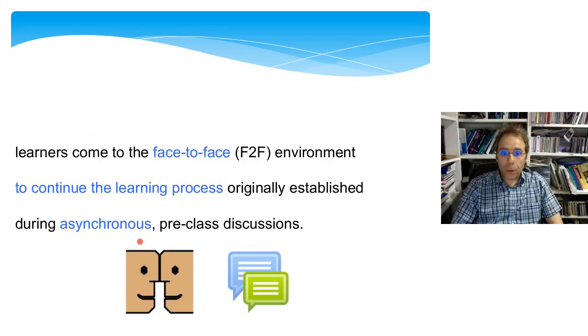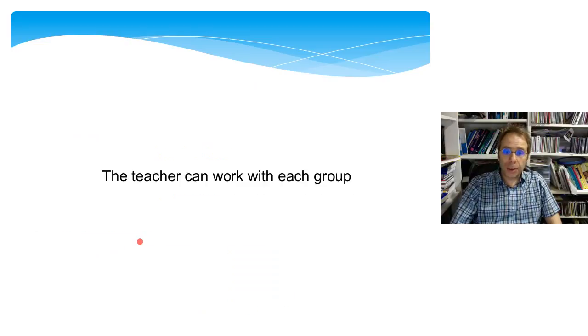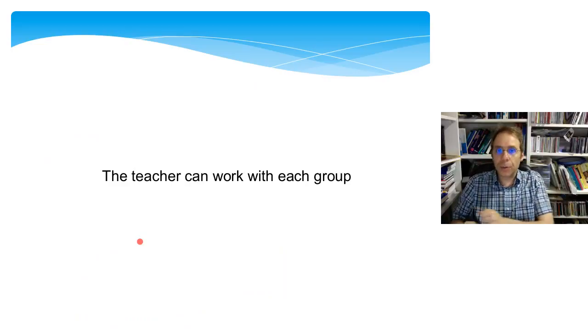Okay, so basically what's happening is the learners come to the next class, which we call the face-to-face environment, to continue this learning process, which they've already started in their asynchronous pre-class discussions. So at that point, the teacher can step in and work with each group. I don't know how flipped classrooms are defined in other areas, but what I've done is I've said, okay, I'm not going to show them the video and have them come to class and discuss it.